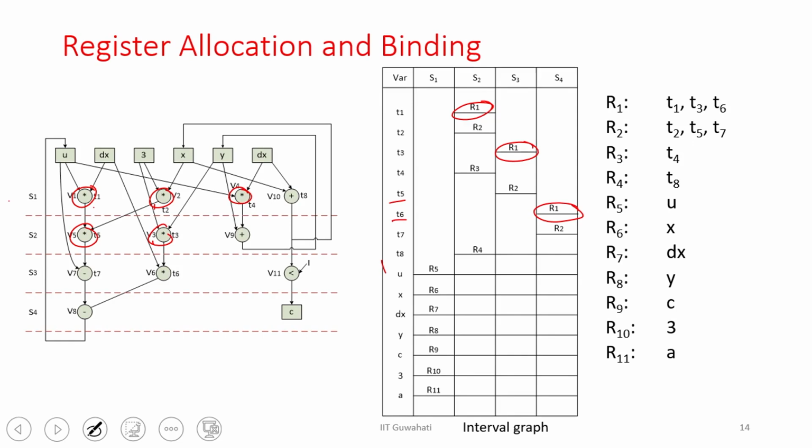So I can store T1, T3 and T6 in the same register, because they are non-overlapping. So first the tool identifies the number of clocks needed, then the schedule, and based on the schedule it identifies how many multipliers, adders and registers are needed, understood?